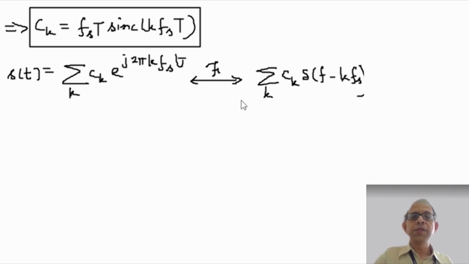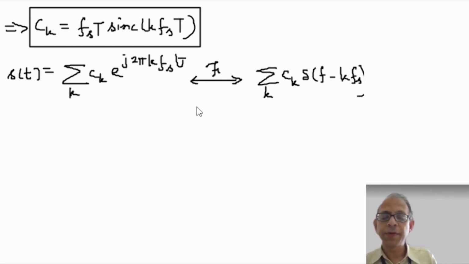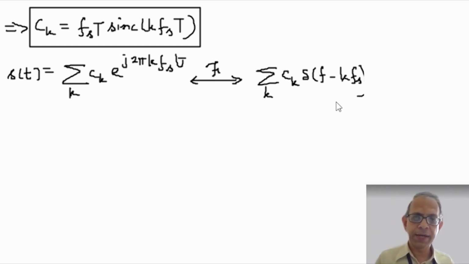That is, the Fourier transform of the periodic pulse train is a sequence of impulses with the strength of each impulse given by the Fourier series coefficient ck, which is a sinc function.